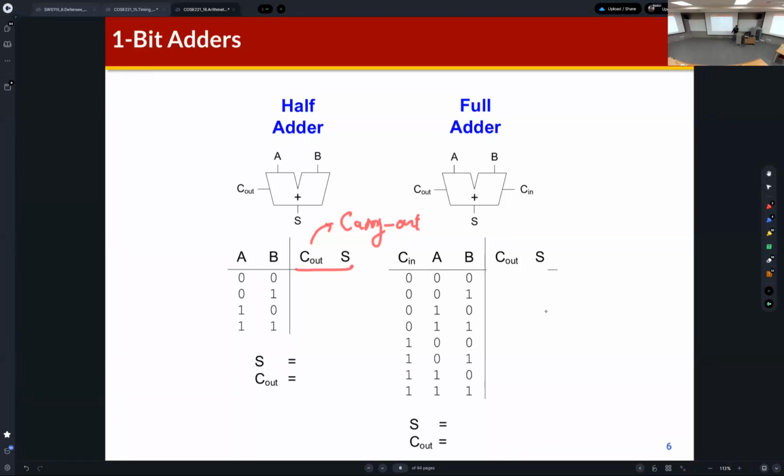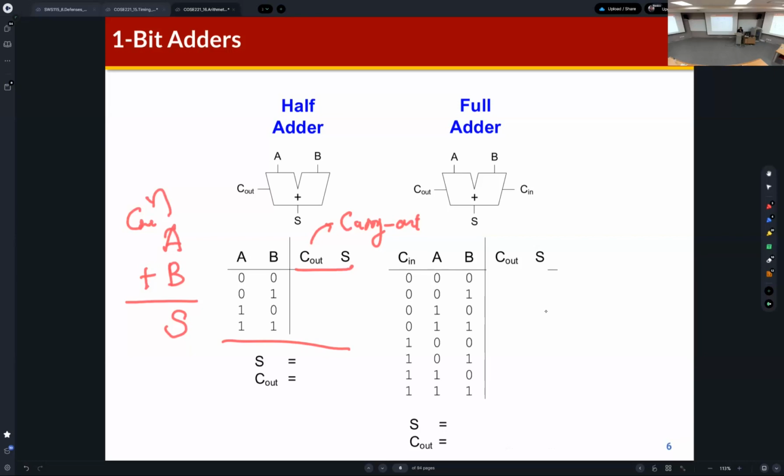So it's like A plus B, and then the sum is generated, and carry out is generated. Then we can easily fill the truth table for the half adder, right?